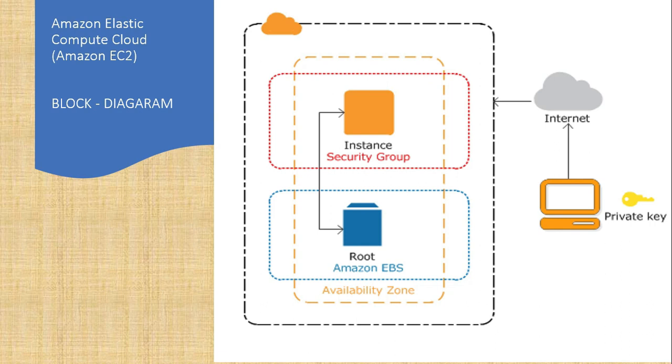The instance security group and root Amazon EBS are interlinked, and the total Amazon Elastic Compute Cloud is connected through the internet, and it will be connected securely based on the private key. This is the overall block diagram of Amazon EC2.